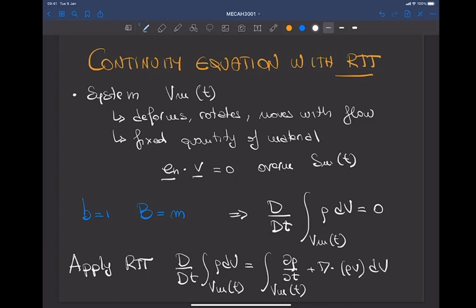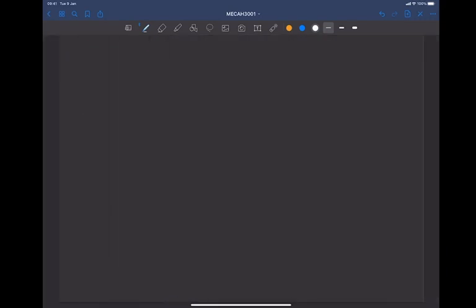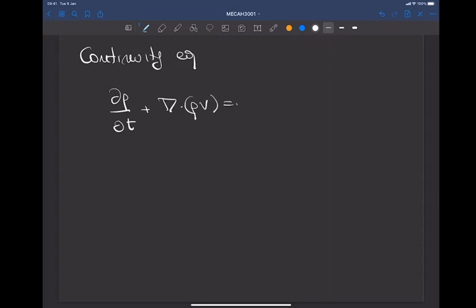Okay, and this is equal to 0 because we said that this derivative should be equal to 0. And so since this should be valid for every point in the control volume, we can simply obtain the final expression of the continuity equation, which is d rho over dt plus divergence of rho v equal to 0.